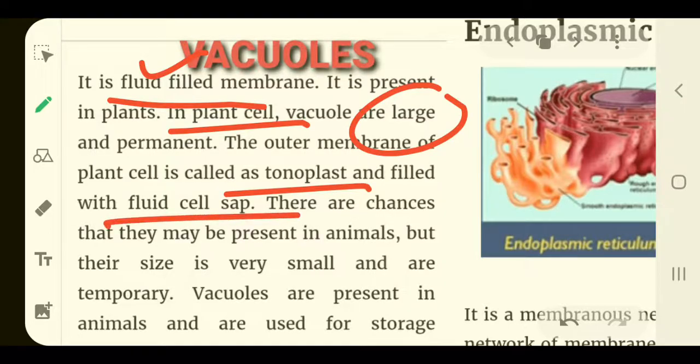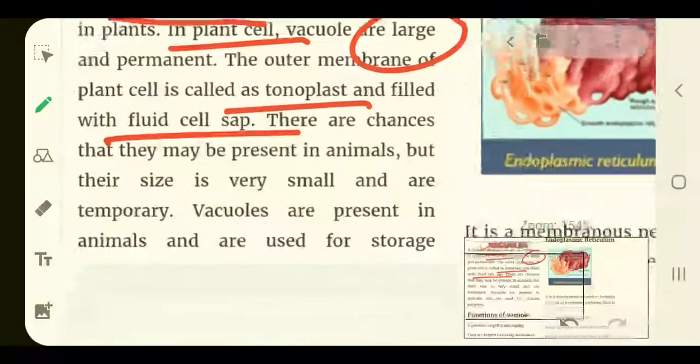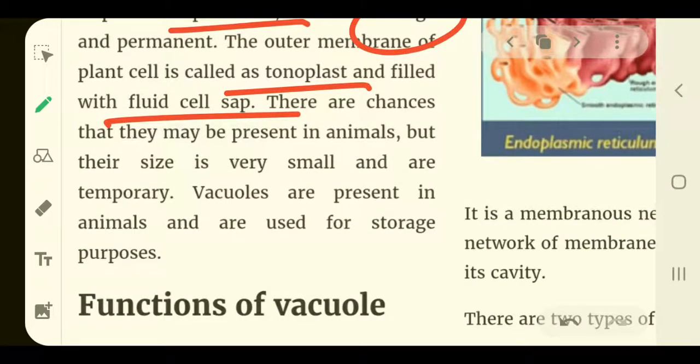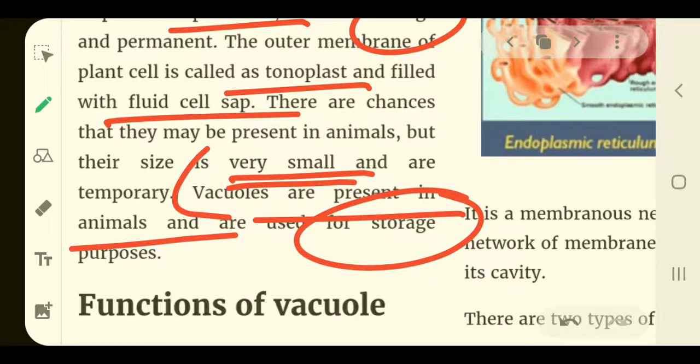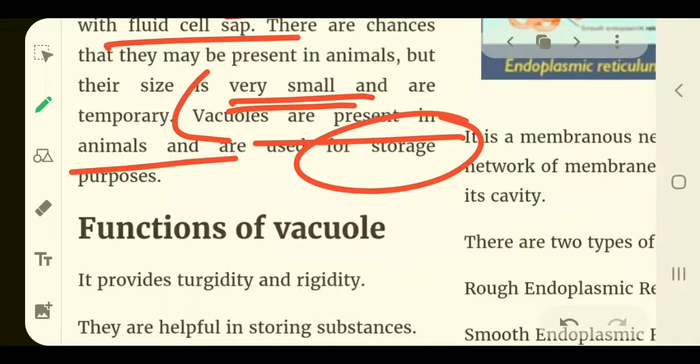Vacuoles are present in animals also, and their function is storage. But in animals their size is very small, while in plants the size is very big. And the functions are that it provides turgidity and rigidity.